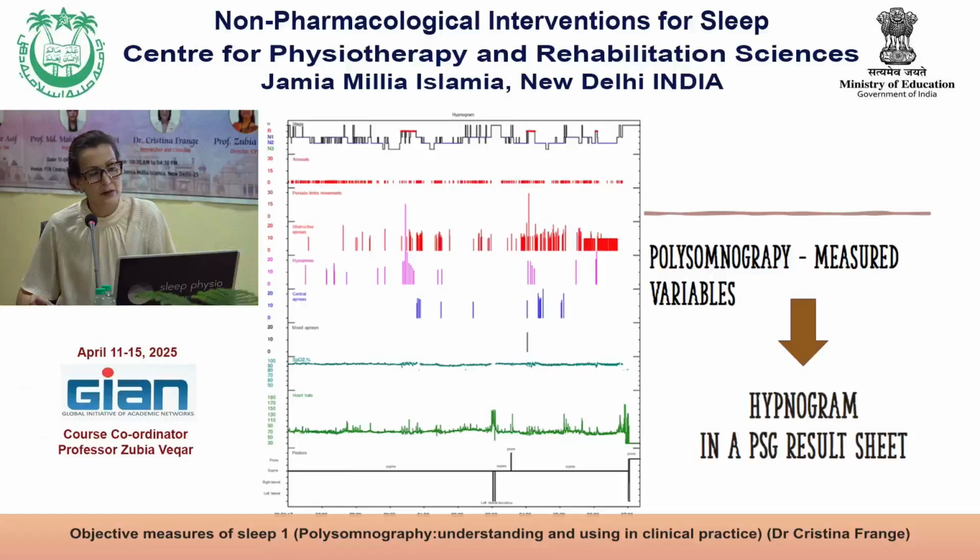So one bout here, and the second one here, and just a little bit here. These lines here mean arousal. Here you see 0, 15, and 30. These are the seconds. So the height of these lines means how long this arousal lasted.